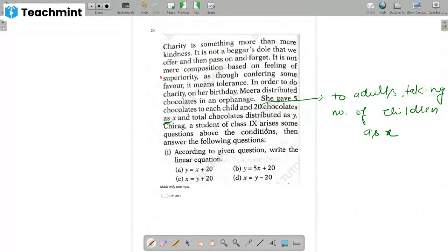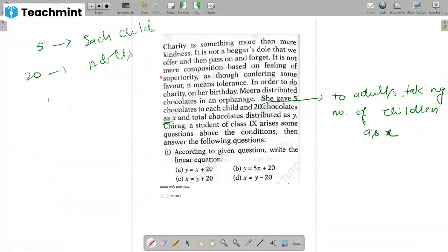Chirag, a student of class 9, raises some questions about the conditions. Then answer the following questions. So she gave 5 chocolates to each child and 20 to adults.